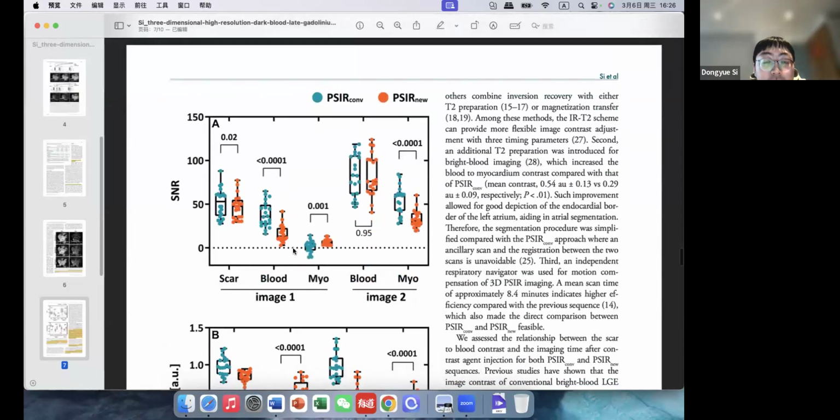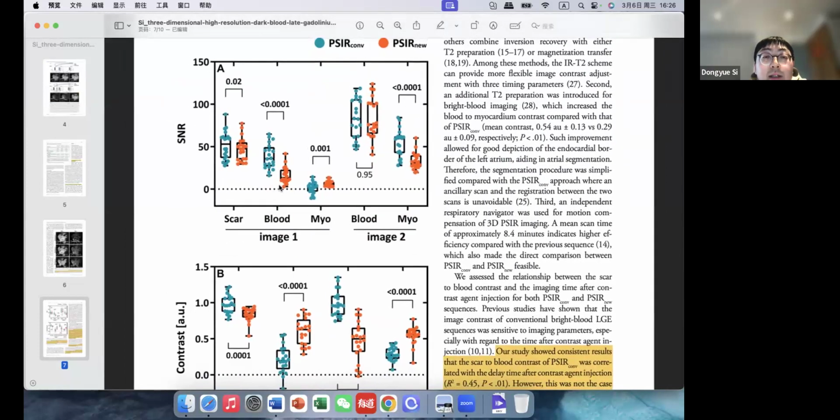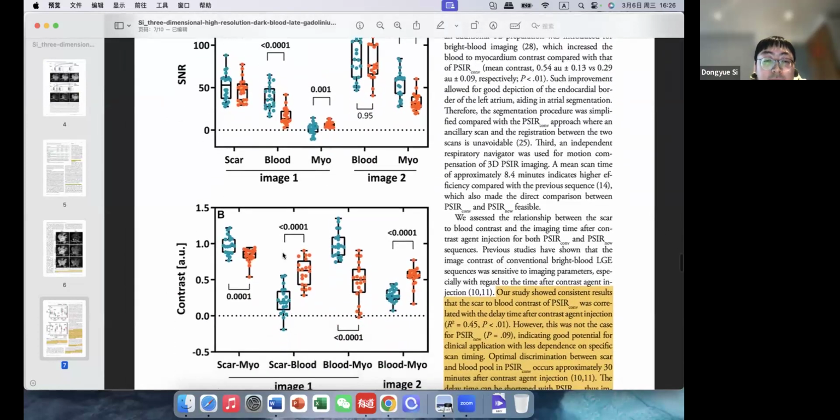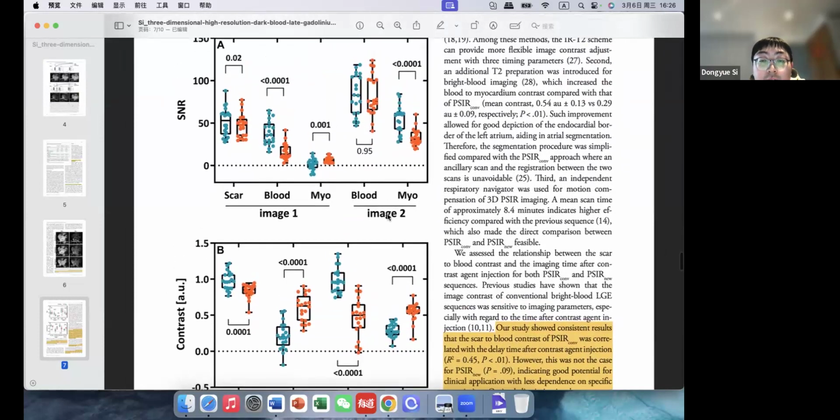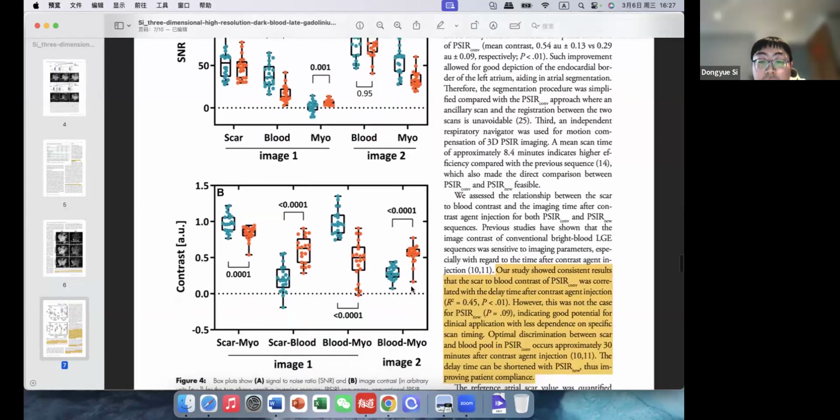The quantitative comparison shows that for the first image, the blood signal was significantly decreased, so the scar-to-blood contrast was significantly improved. For the second image, the signal of the myocardium was significantly decreased, so the blood to myocardium contrast was improved.